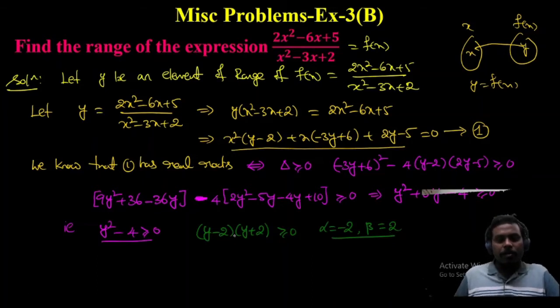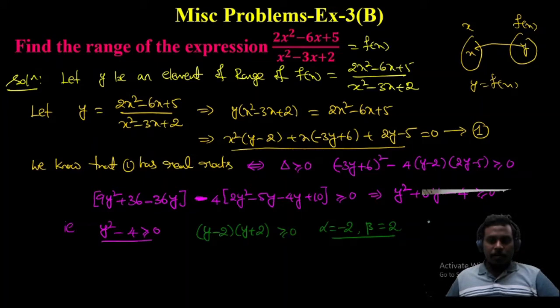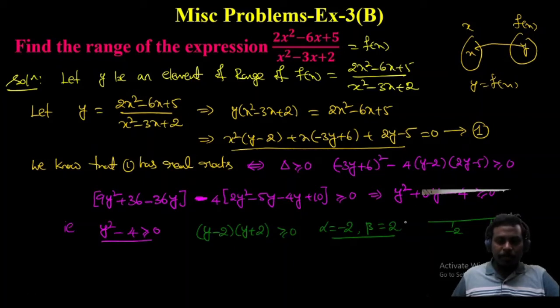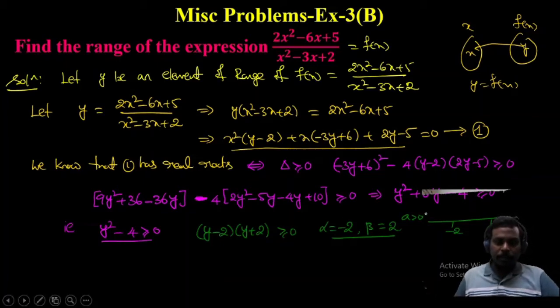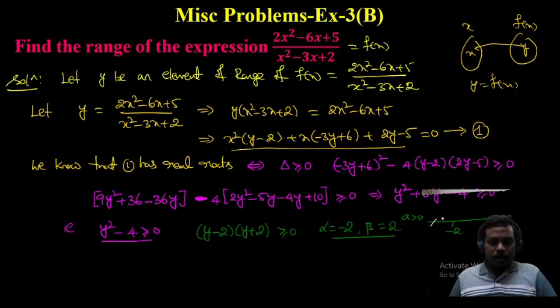So when is this expression positive? Let me draw a real line here, minus 2 comma 2, and a here is positive. This expression must be positive in this region.